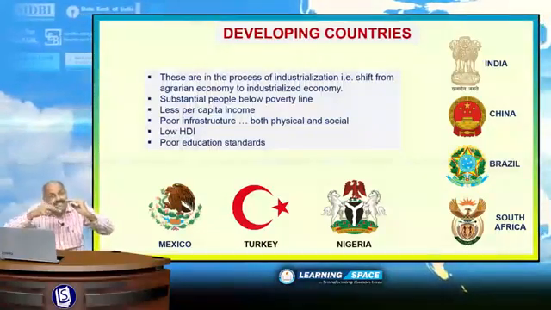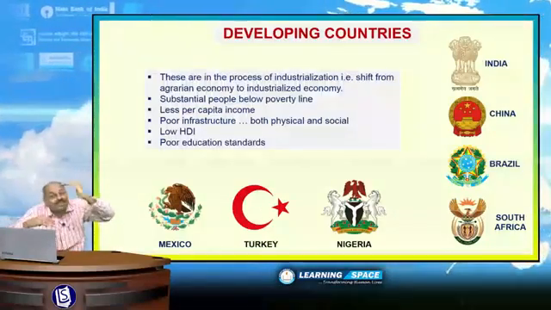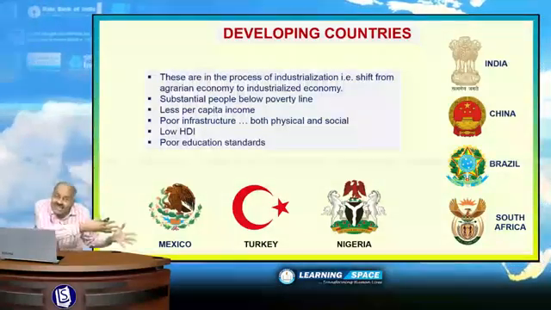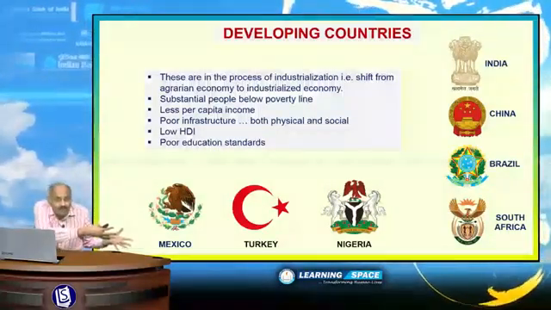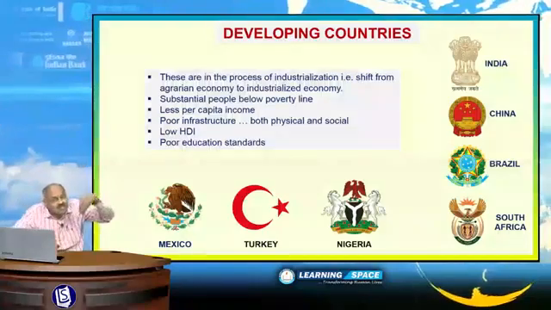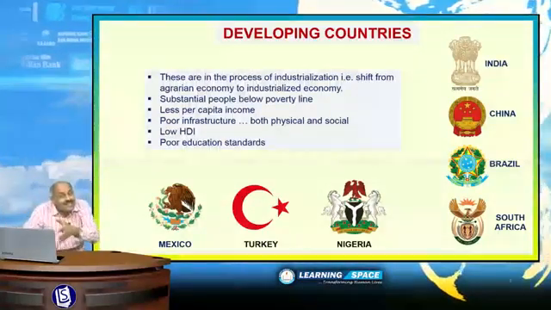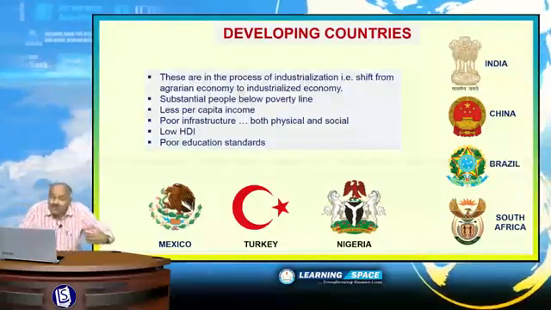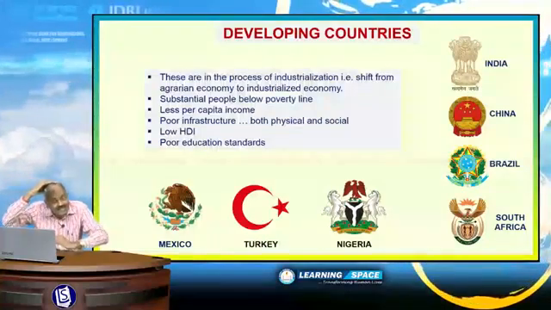By skipping industry, the transformation is directly from agrarian to services. But in earlier days, in developed countries like USA and Germany, the transformation took place via the industrial sector, whereas in these countries, except China, it is taking place from agrarian economy directly to services sector economy.